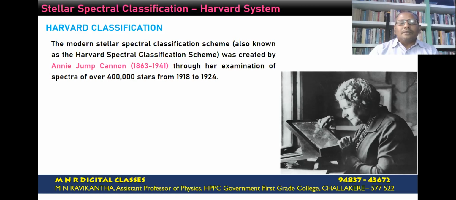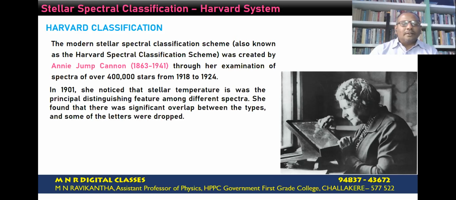Now, with this brief idea regarding the historical background, let us come back to the topic, the Harvard Classification System. The modern spectral classification scheme, also known as the Harvard Spectral Classification Scheme, was created by Annie Jump Cannon through her examination of the spectra of over 4 lakh stars from 1918 to 1924.